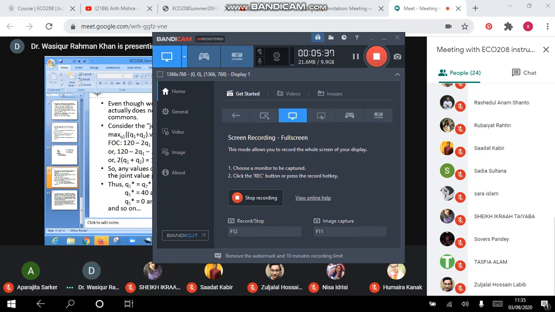Okay. Now, pay attention to this slide in particular. Even though we have calculated a Nash equilibrium, it actually does not represent the best use of the commons. At the beginning of the lecture, তোমরা কি বলছিলা আমাকে যে ওই common resource, that common property, if you have that common property, would it be better to graze more sheep or less sheep?